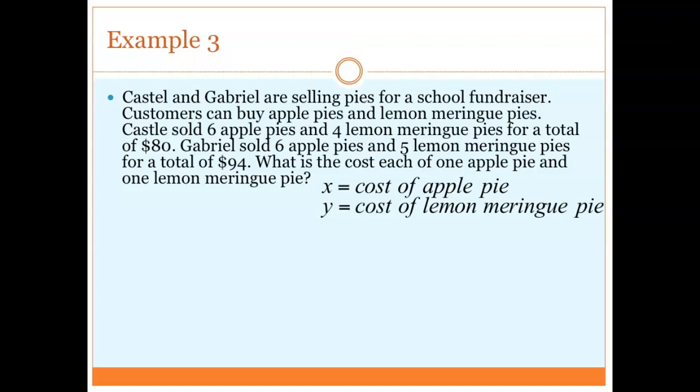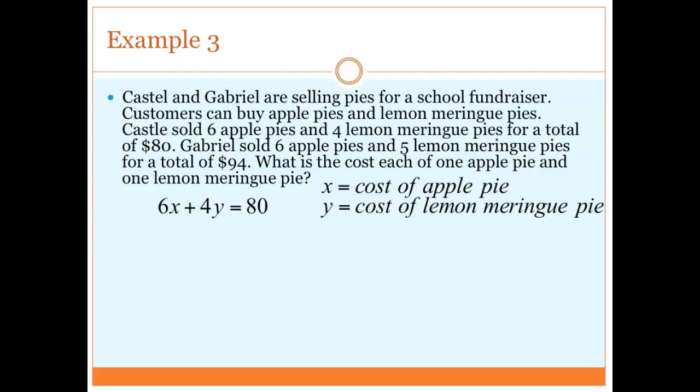So 6 apple pies times the cost of each apple pie, x, and then 4 lemon meringue pies times the cost, y, of the lemon meringue pies. If we add those together, the total is $80. So 6x plus 4y equals 80.